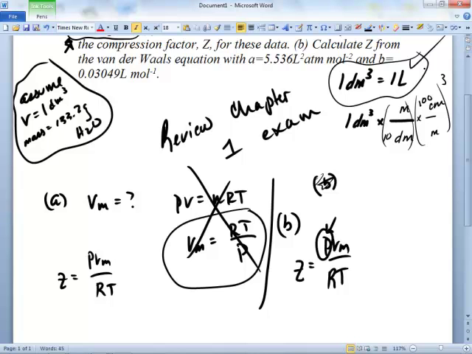If Z is less than 1, it's not behaving ideally. What forces dominate? Attractive forces dominate. The only way I remember that is I remember the hydrogen plot skyrocketing above the Z. Like, this is 1 for Z. The hydrogen's always above it. Protons, all they do is repel. Hydrogen's always above it. Z bigger than 1, repulsion.